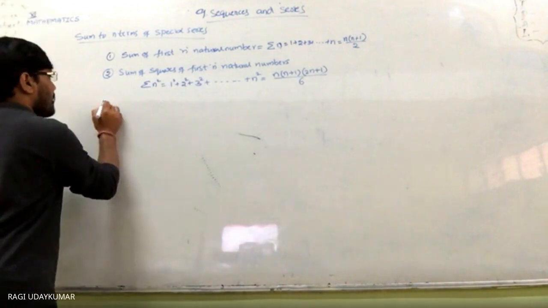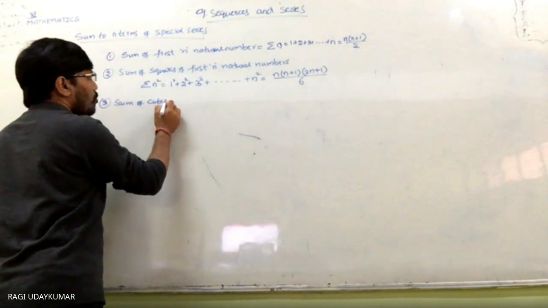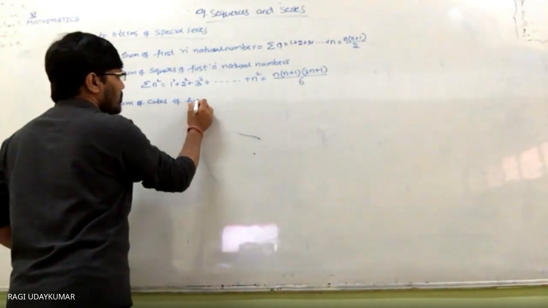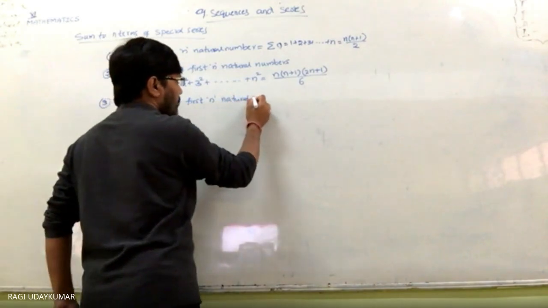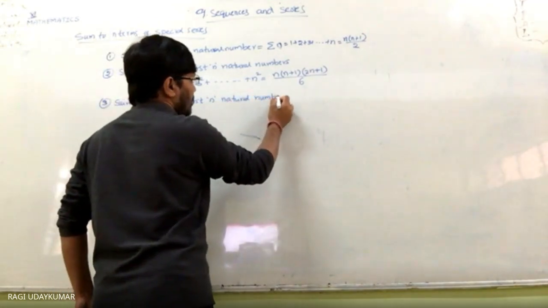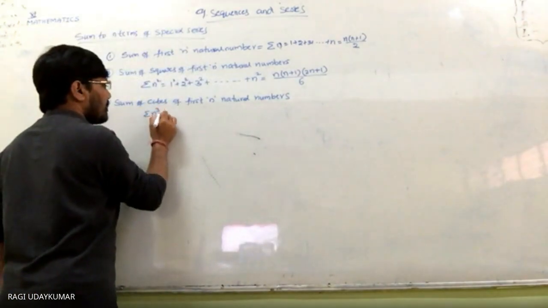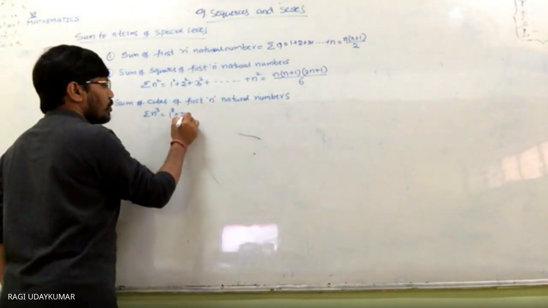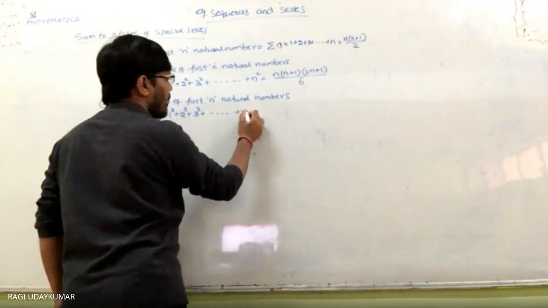Based on these, the next is the sum of the cubes of the first n natural numbers. Sigma n cube equals 1 cube plus 2 cube plus 3 cube and so on till n cube.